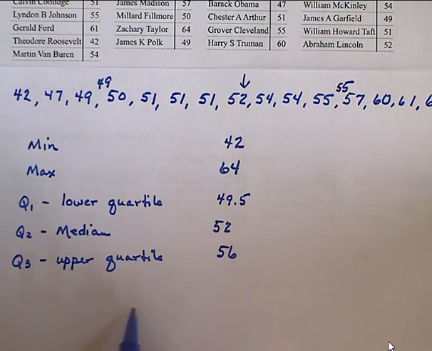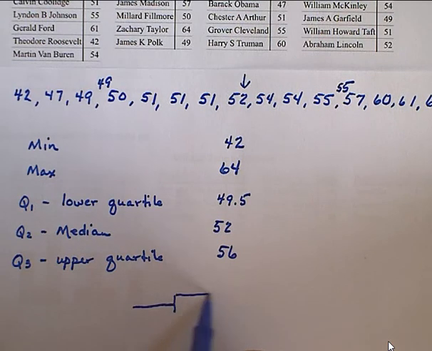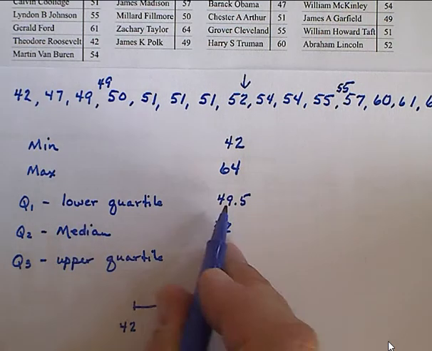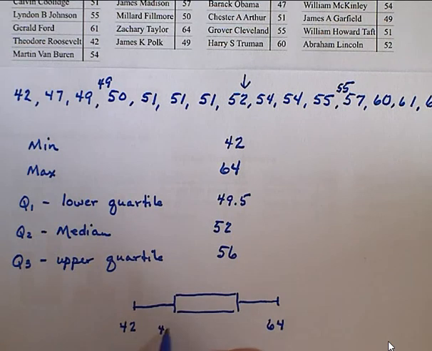So I'm just going to sketch this out. You don't need to be perfect with this. The minimum goes down here at one whisker. The maximum goes up here at the other whisker. The start of the box is your first quartile, 49.5.